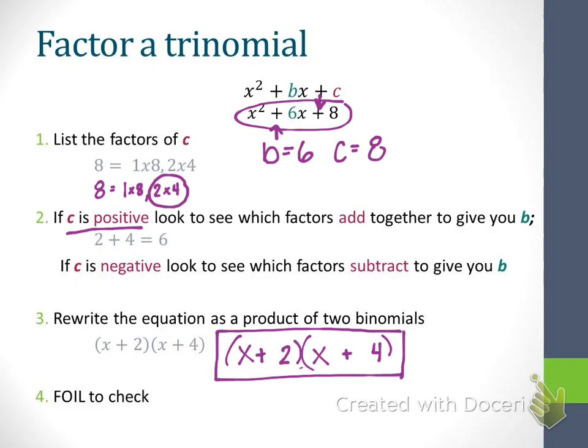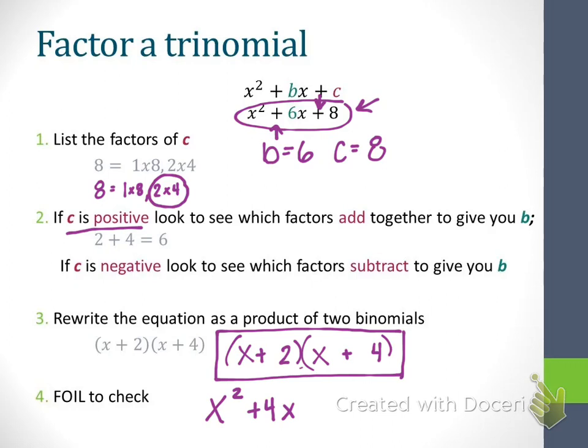Now, if I wanted to check my answer, which is what I want you guys to do for at least tonight's homework, you would FOIL. I can just say, okay, if I FOILed this, am I going to get this exact same answer? So let's FOIL that and check it. First, x times x is x squared. Outer, x times 4 is 4x.